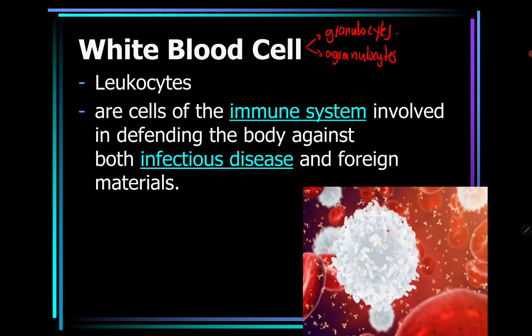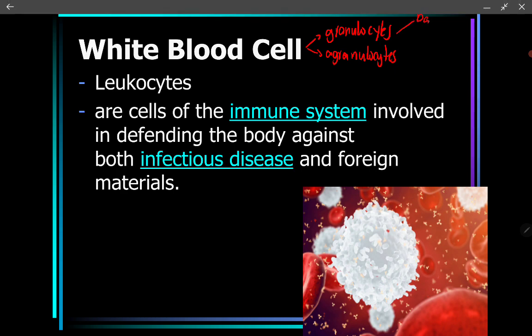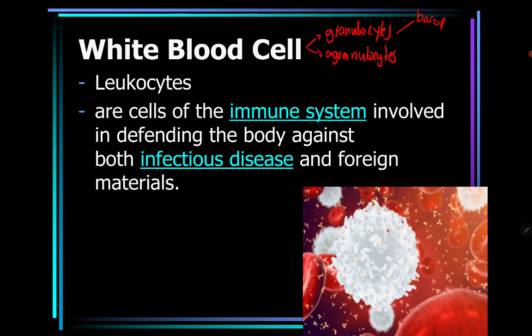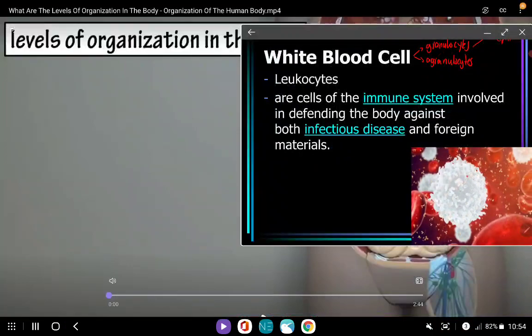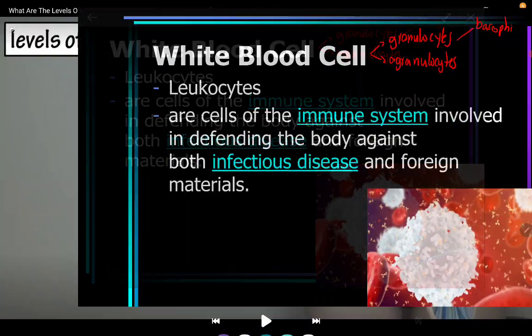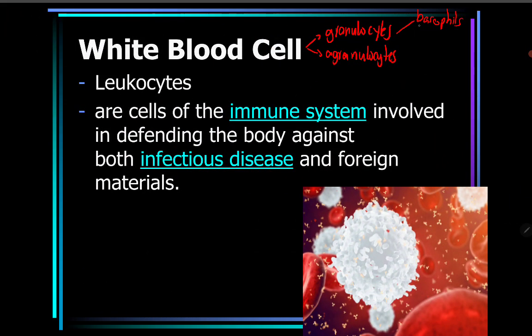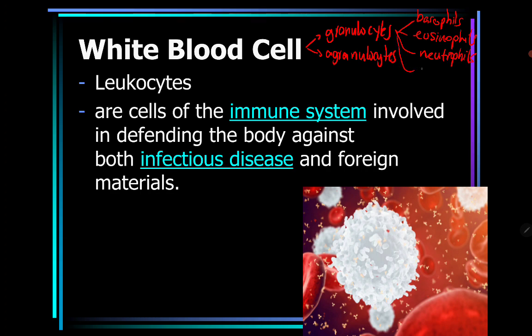When we say granulocytes, these are the basophils, we also have eosinophils, we also have neutrophils, and mast cells.